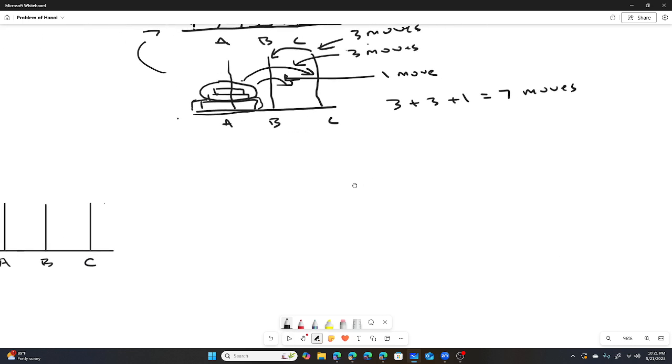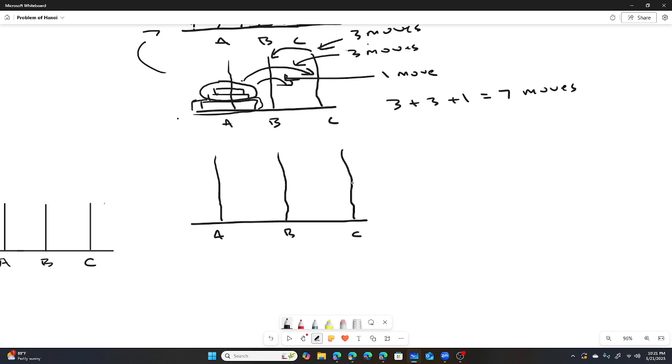So now we're gonna do the general problem, right? Which is gonna be n number of disks. Again, we have pin A, pin B, pin C, and this time it's not gonna be limited to 3 disks.